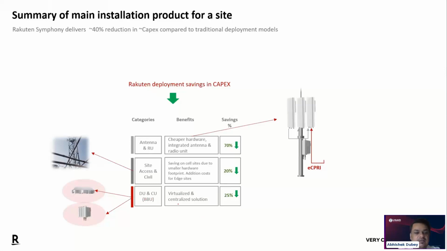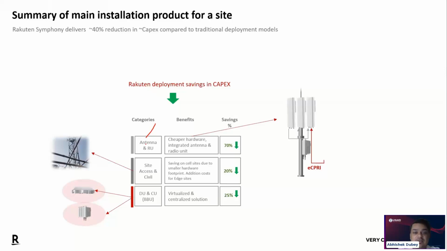For us, all are virtualized and centralized. The site and civil access is important to install your antennas, DU and RU on the site. It's very much important, and also the antennas. So these are the main product categories which you are going to install on the site.